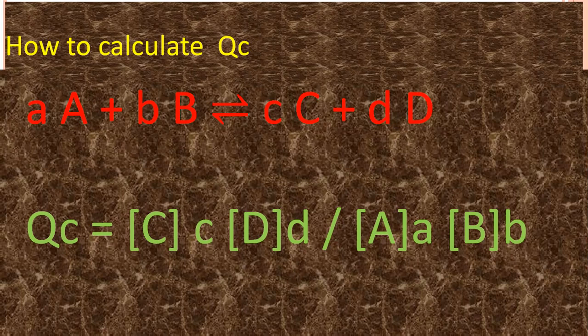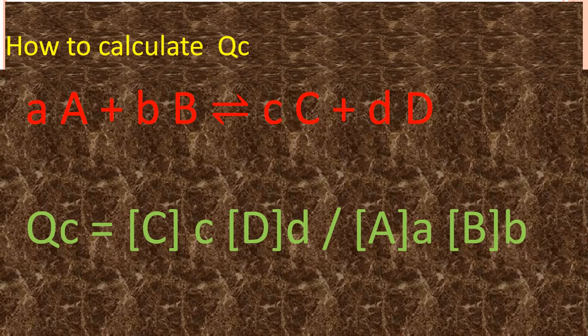For example, if I am performing an experiment and small a is the coefficient, meaning the number of moles of capital A, small b the moles of capital B, small c the moles of capital C, and small d the moles of capital D. So Qc is equal to product upon reactant, and these stoichiometric coefficients will be raised to the power of their element.